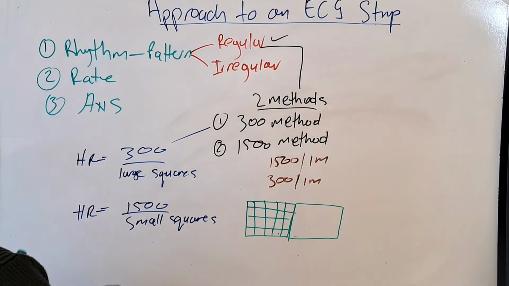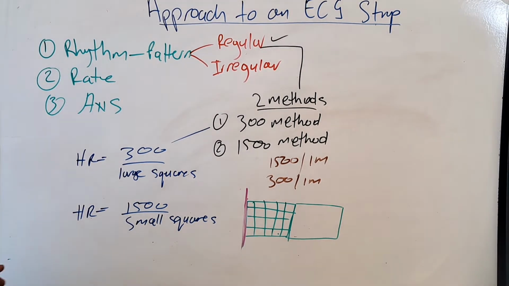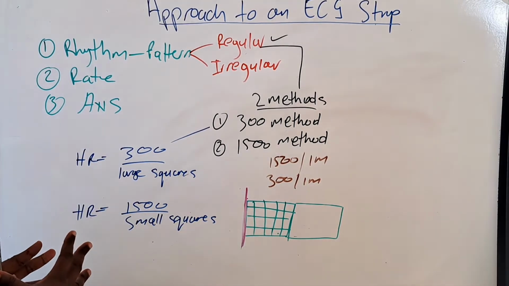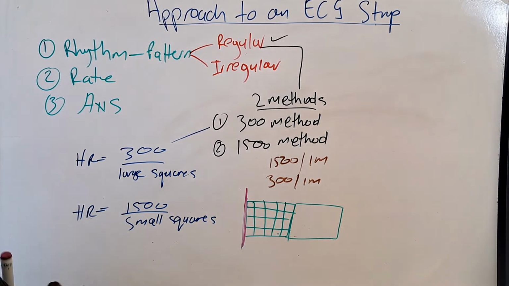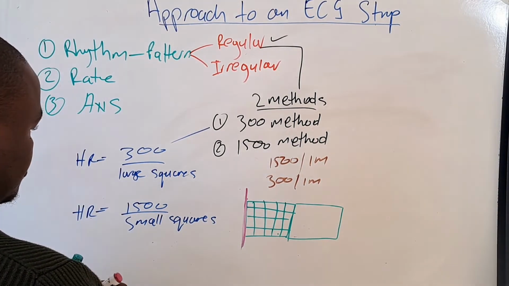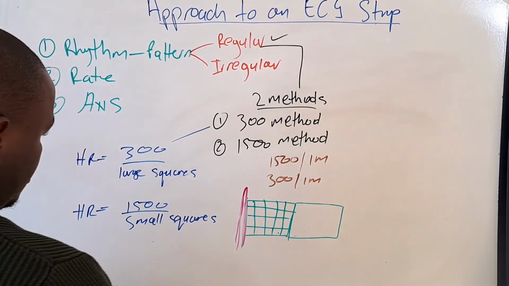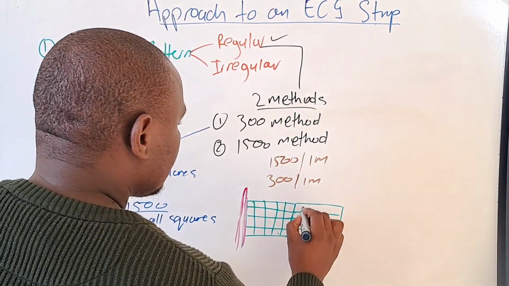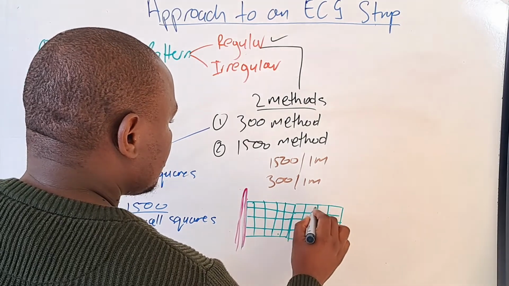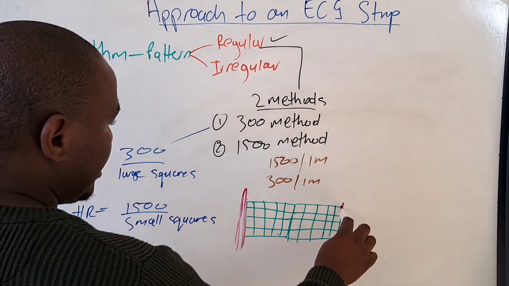If you have an R right here, also try to target a box that starts on a solid line. Let's say now this is our R. 1, 2, 3, 4, 5. And then right here we have another R.